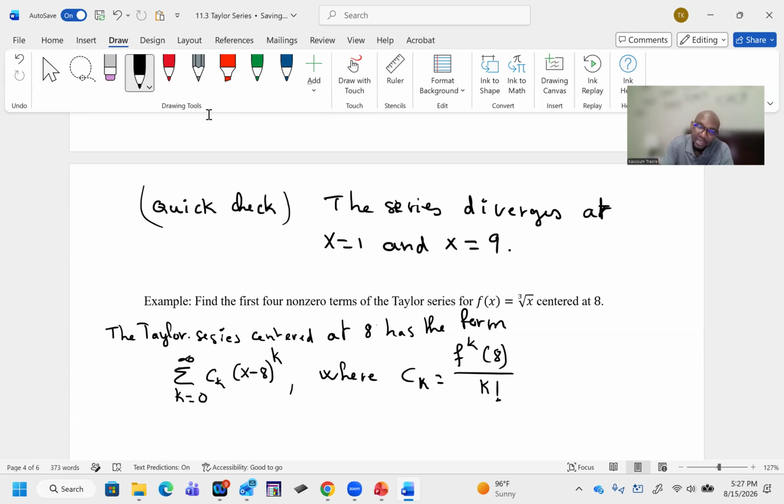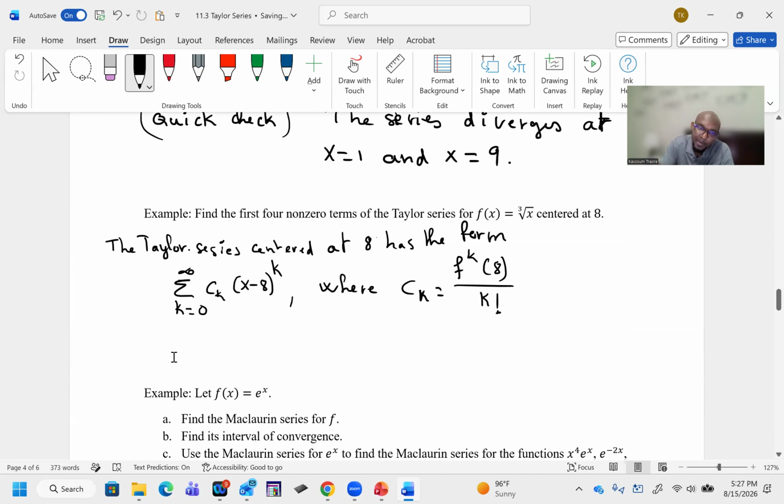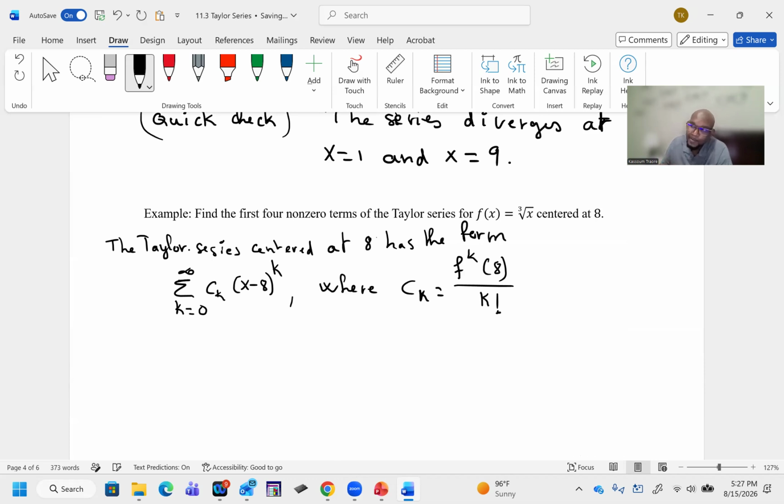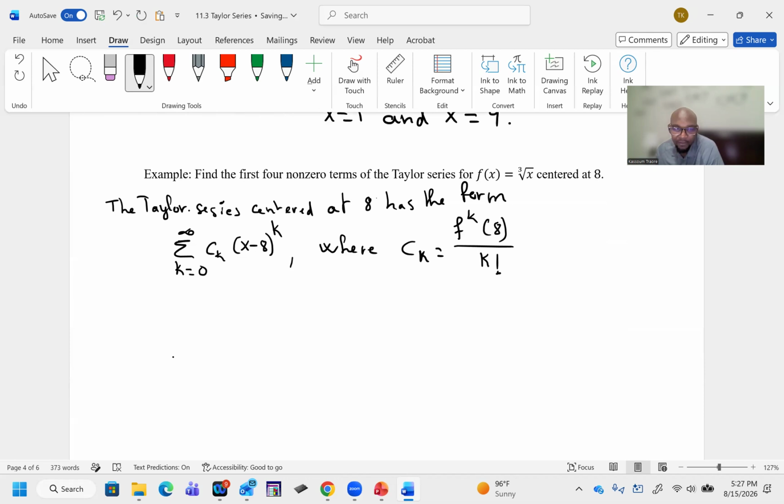So we have to find our c sub k. f of x is x to the power of 1/3, which means f of 8 will be 2. That also means my c sub 0 will be 2 divided by 0 factorial, which is 2.